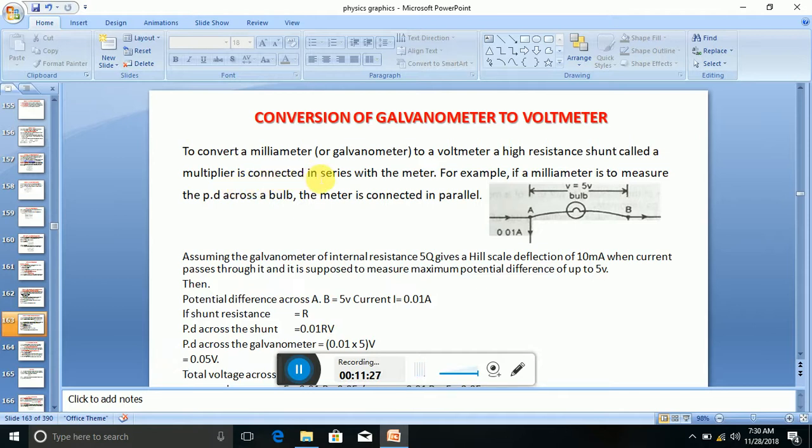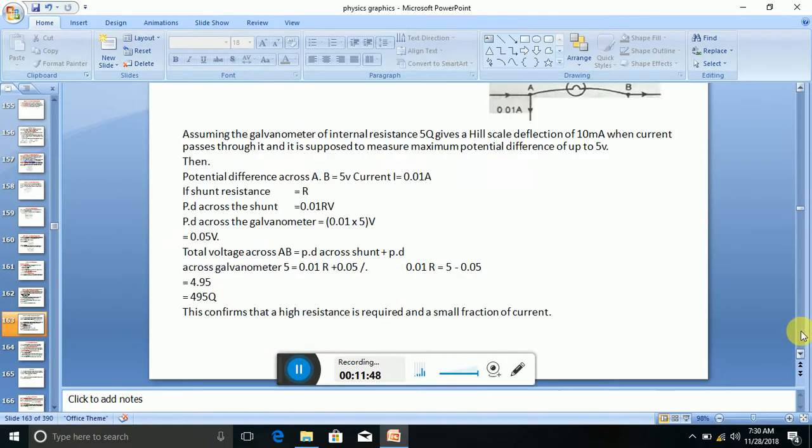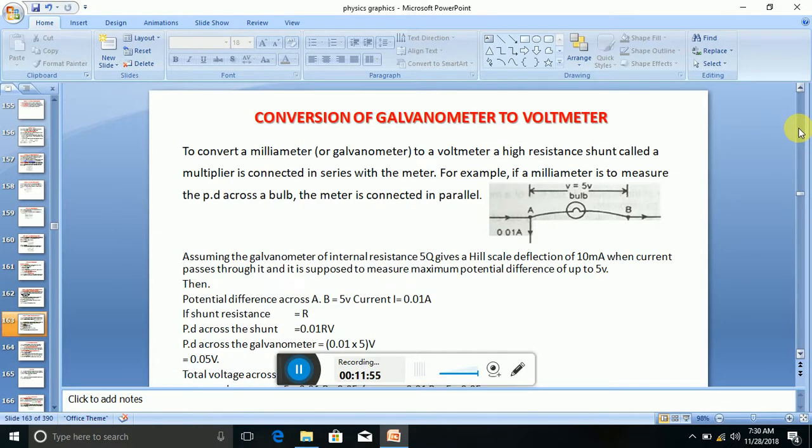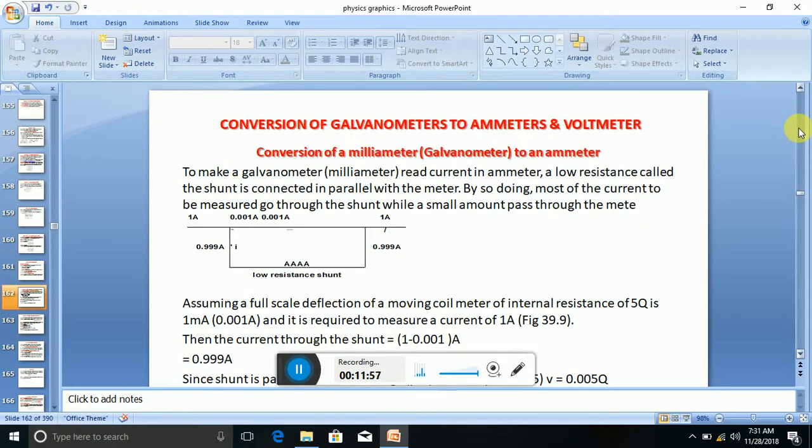For example, if a milliammeter is to measure a PD across a bulb, the meter is connected in parallel. Assuming the galvanometer has an internal resistance, this is an example of a calculation which we are not doing now. Subsequent classes will do it so that we can understand it better. So those are the things that we are doing here. In subsequent classes we'll do more on this.